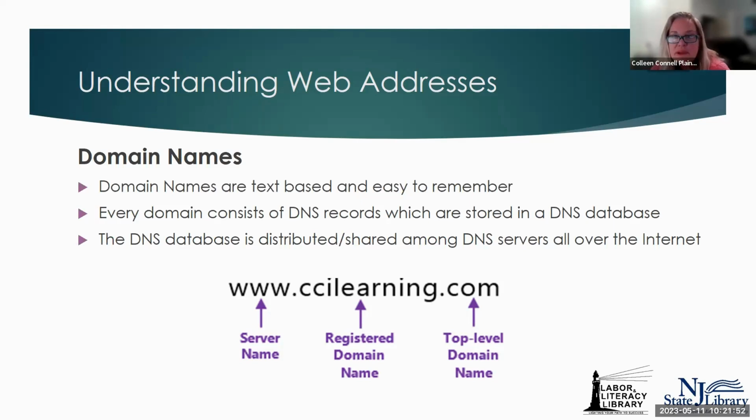So some of our big companies like Amazon, Target, New York Times, you can almost guess what you think it might be and type that in, and then let the browser search for you. So exactly, the New York Times would be like www.nytimes.com.